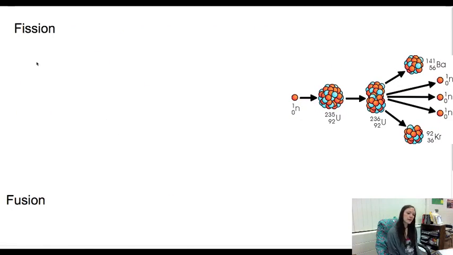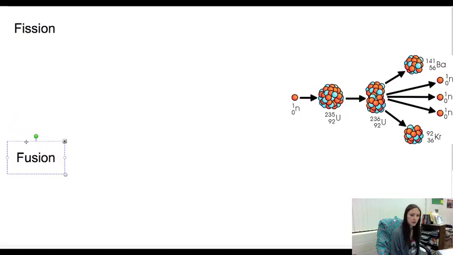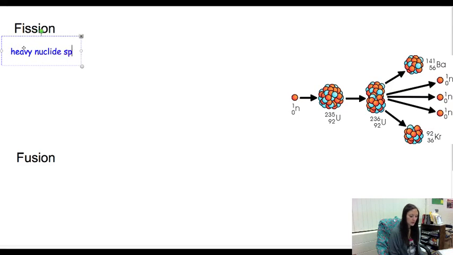Two other aspects of radioactive decay are fission and fusion. We should have had these hopefully our freshman year. When we talk about fission, fission is where a heavy nuclide splits into lighter ones, and the lighter ones, again, are more stable.